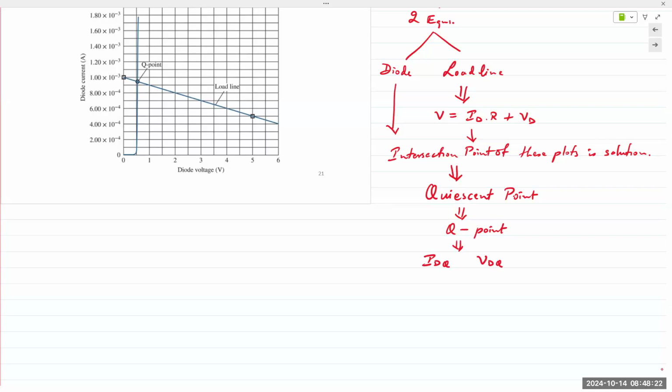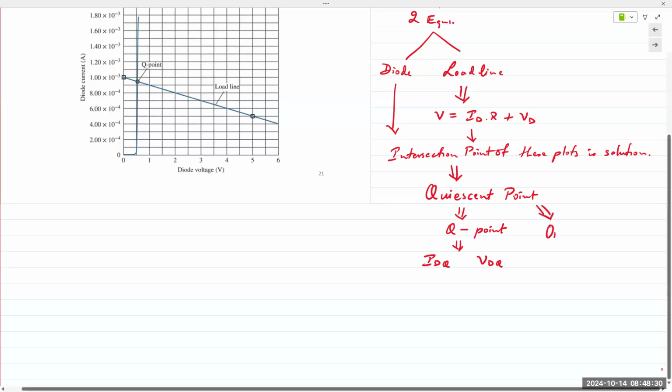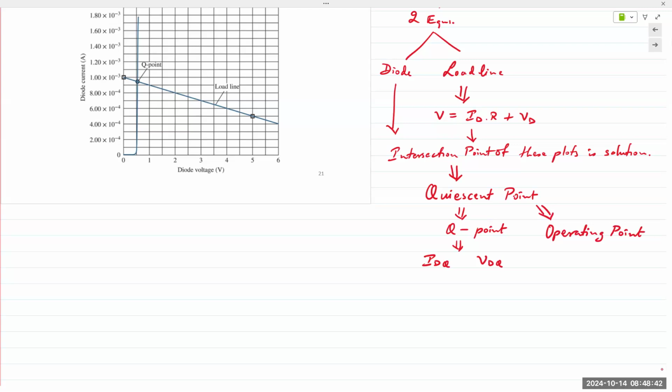When you see a subscript of Q, it refers to the Q point, also known as the operating point. The term point refers to the point on the graph.